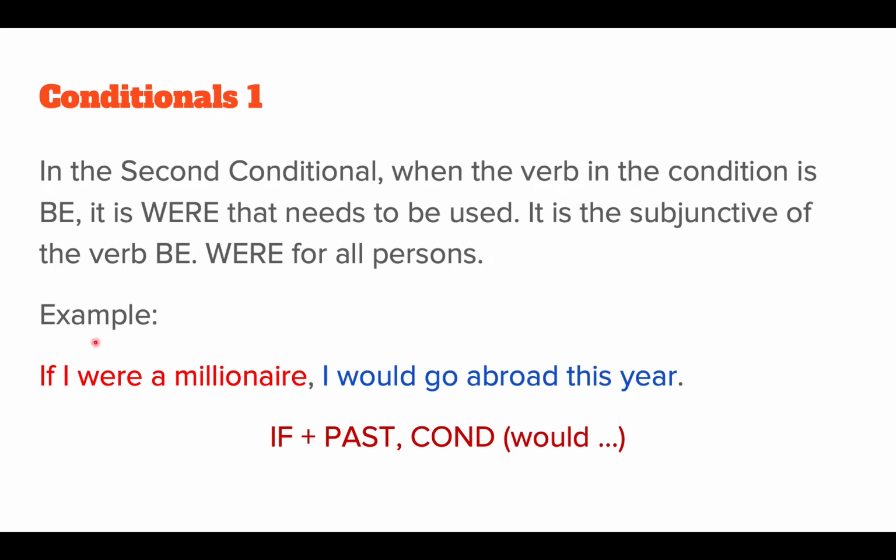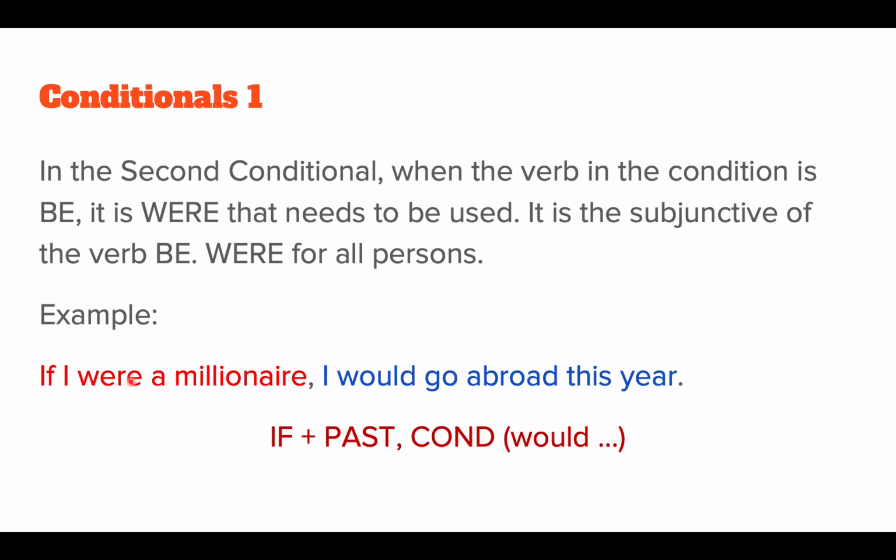In the subjunctive. If I were a millionaire, I would go abroad this year, right? Se eu fosse, okay? Se eu fosse rico, se eu fosse milionário, eu viajaria. Yes? Viajaria. I think it's pretérito do subjuntivo, right? Em português. And this is the subjunctive too, right?